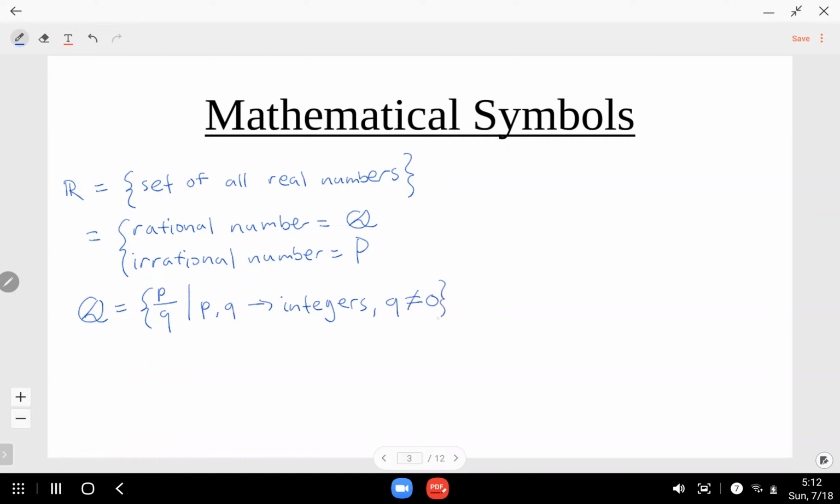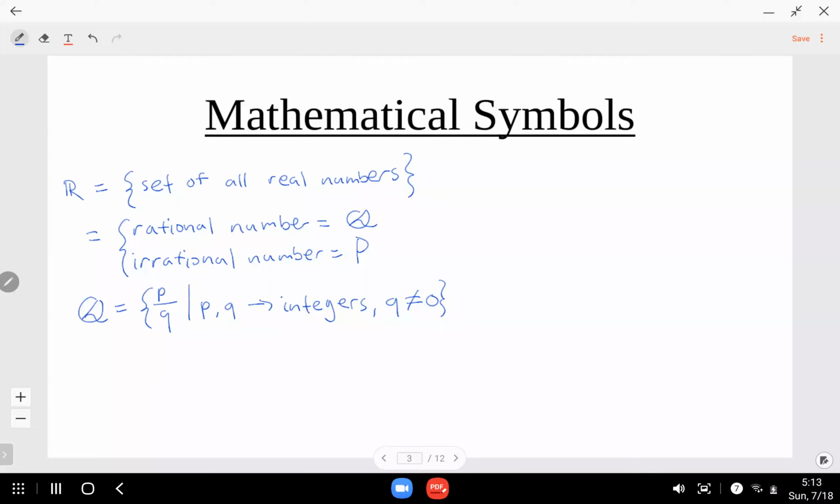So that is what a rational number is. So basically, like a terminating decimal, well, that's basically P over Q in some sort of way. And then 3, that's just 3 over 1. So it is a rational number.